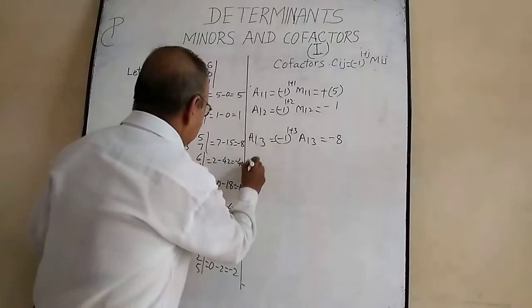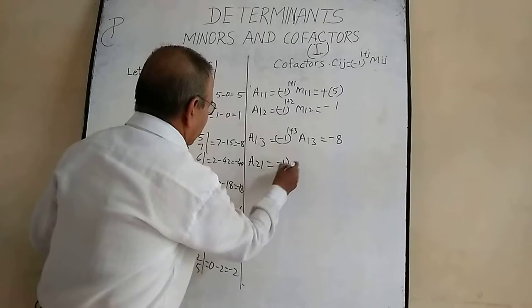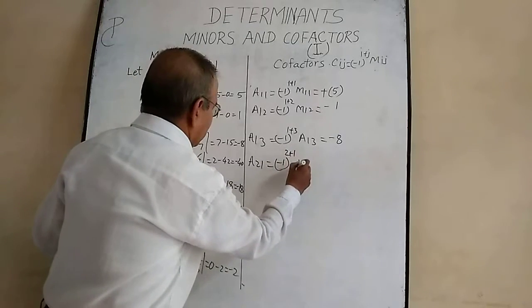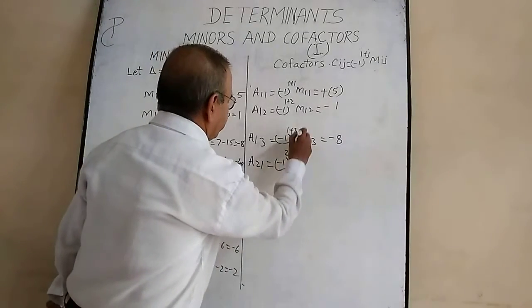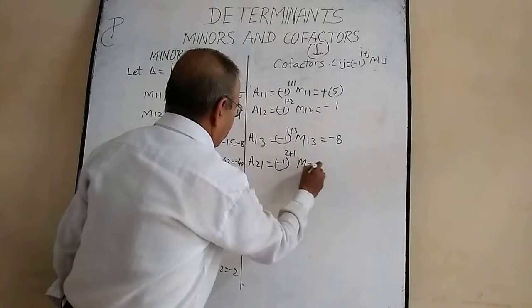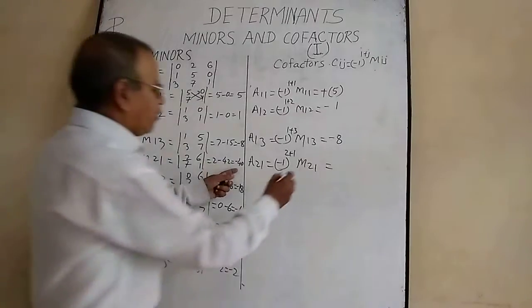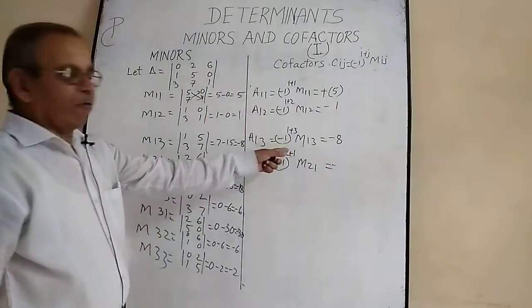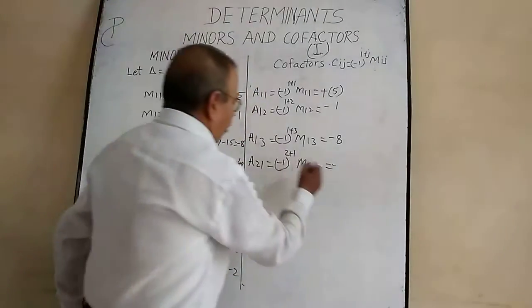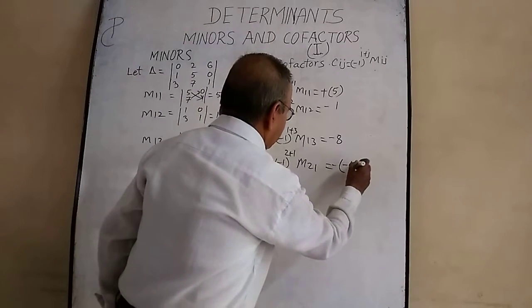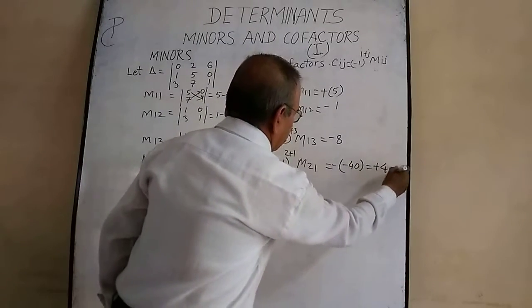Now A21 is equal to minus 1 to the power 2 plus 1 times M21. What is the value of M21? Minus 40, and because the power of minus 1 is an odd number, minus 40 becomes plus 40.